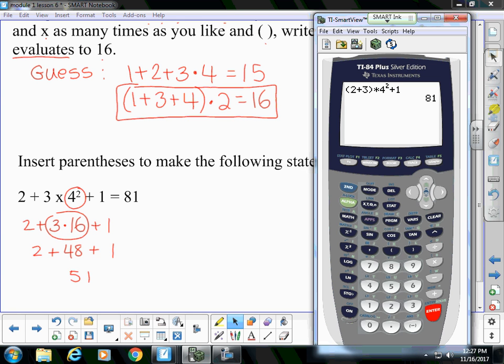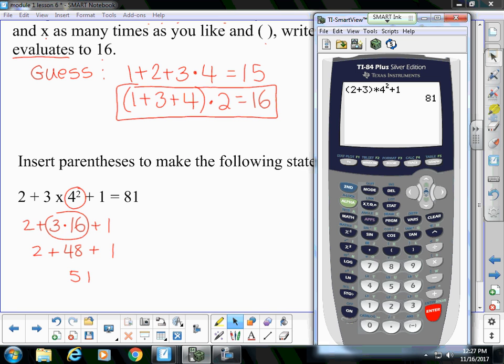In this problem, normally the adding 1 would have been last. Maybe that would have worked to put in parentheses. Obviously it's not going to because I already found the solution. But that's exactly how you would go about something like this. Think about what you would not normally do first and try putting the parentheses there and see if it works.